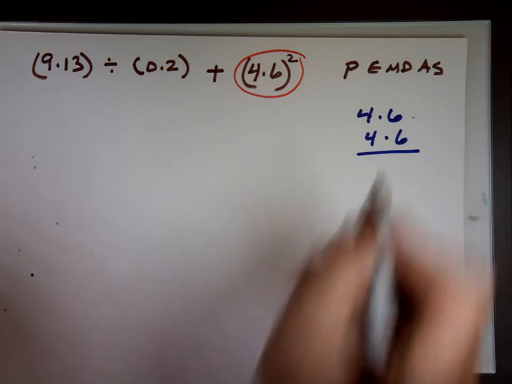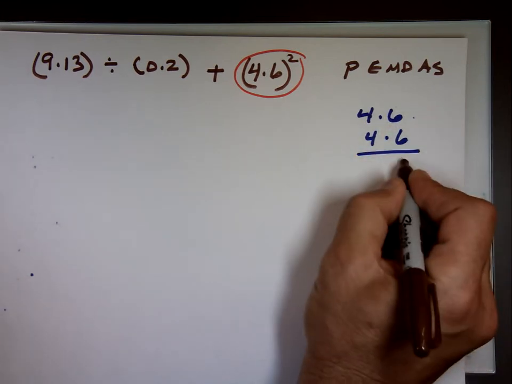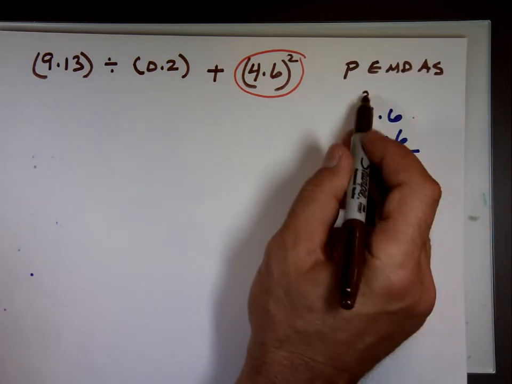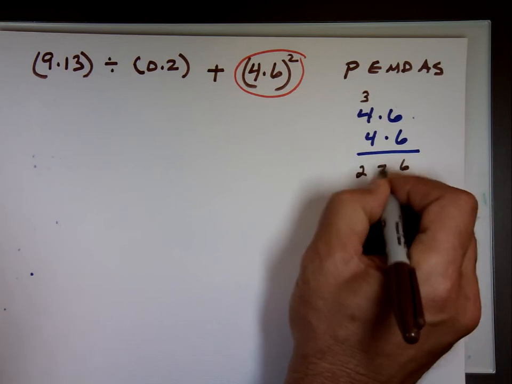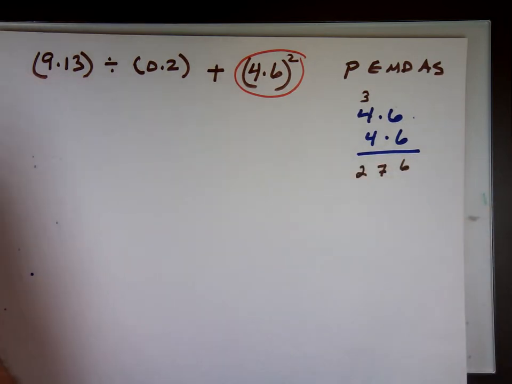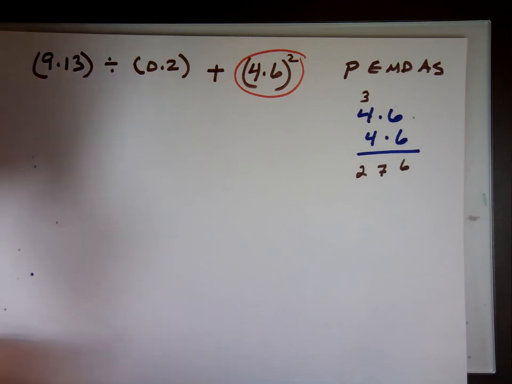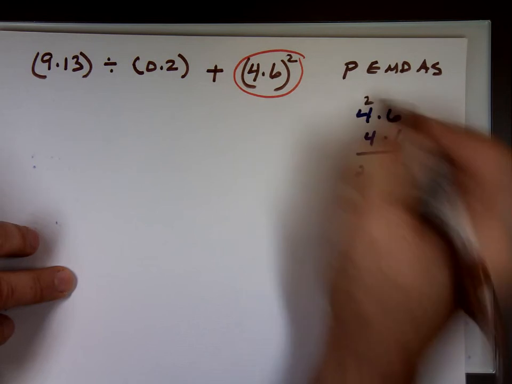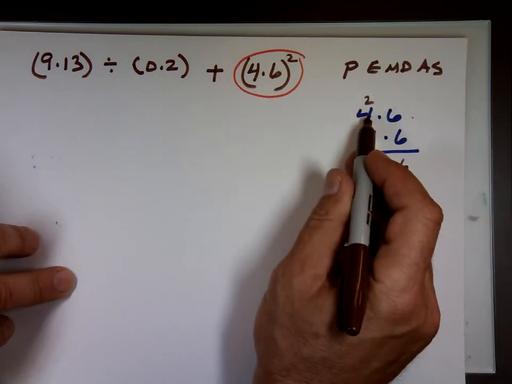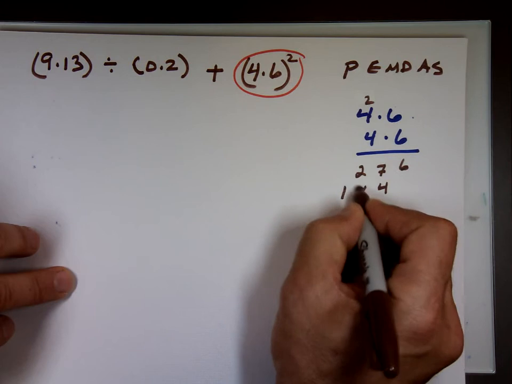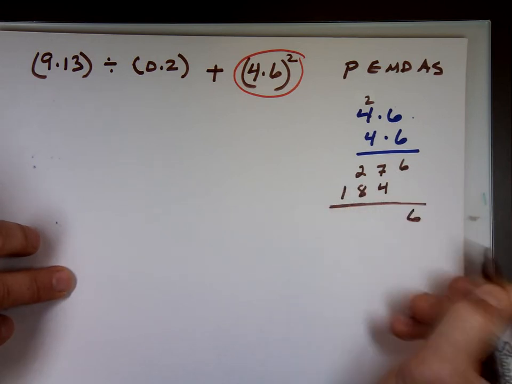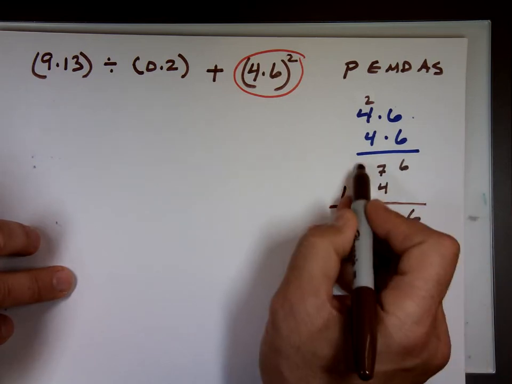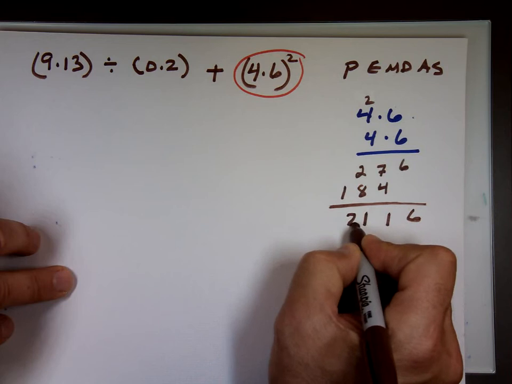Let's multiply them. 6 times 6, 36. 6 times 4 and 3, 27. 4 times 6, 24. 4 times 4 and 2, 6. 4 and 7 is what? 11. 11, 2.